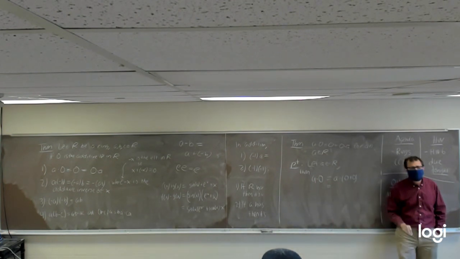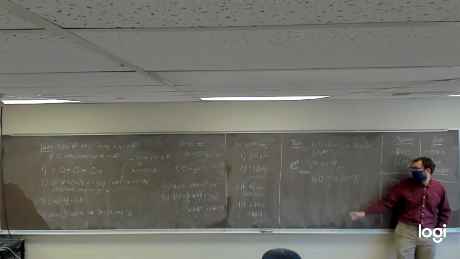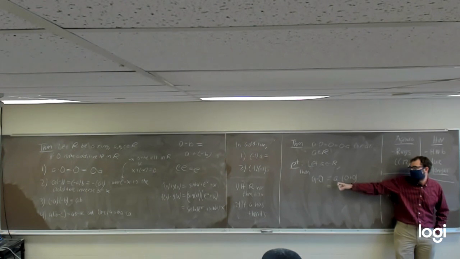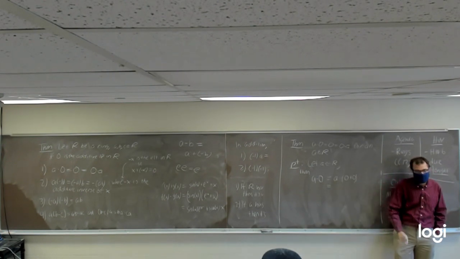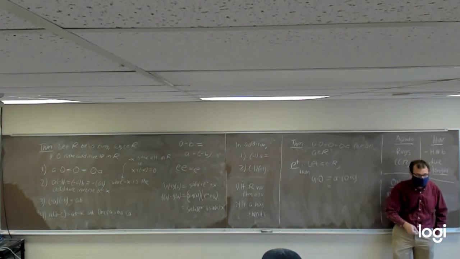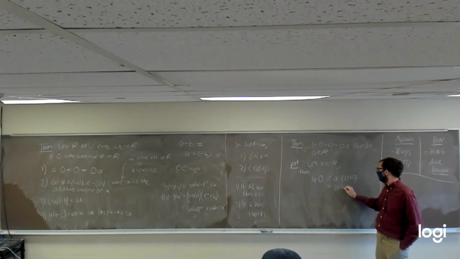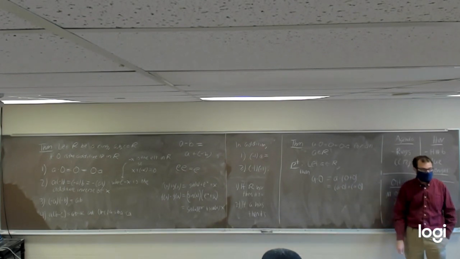But what does the distributive property tell us is another way to write A times (0 plus 0)? A times 0 plus A times 0.